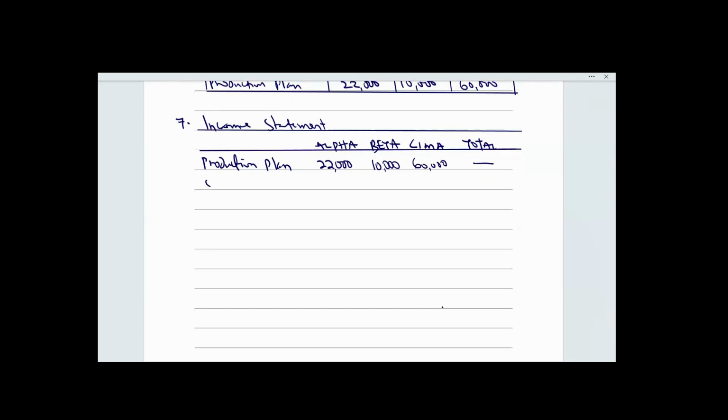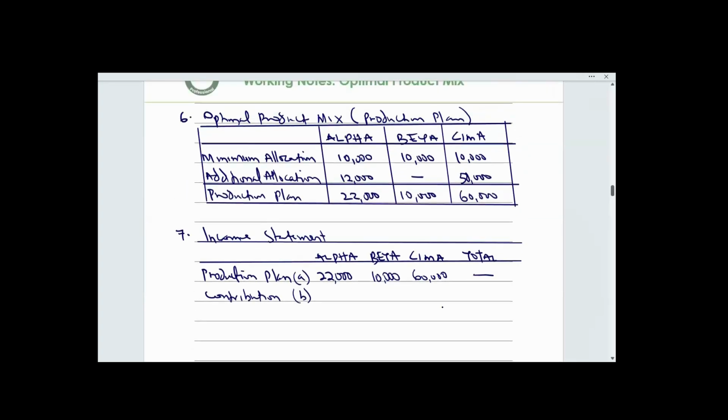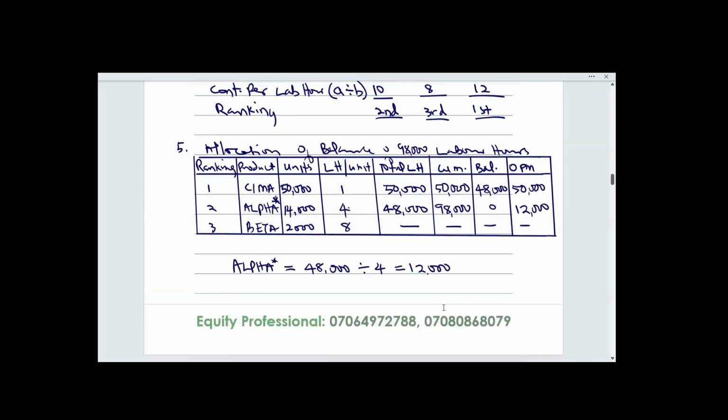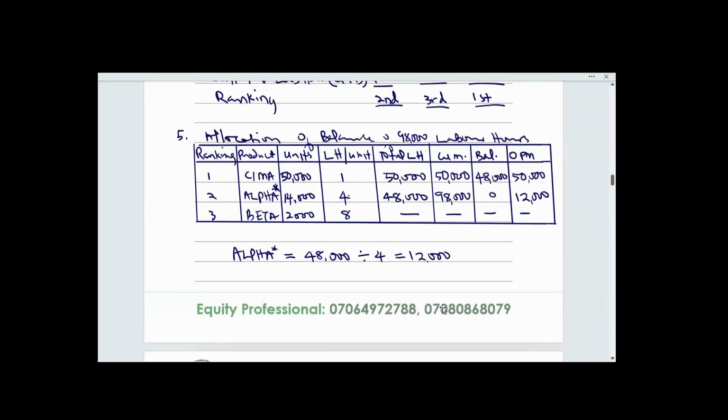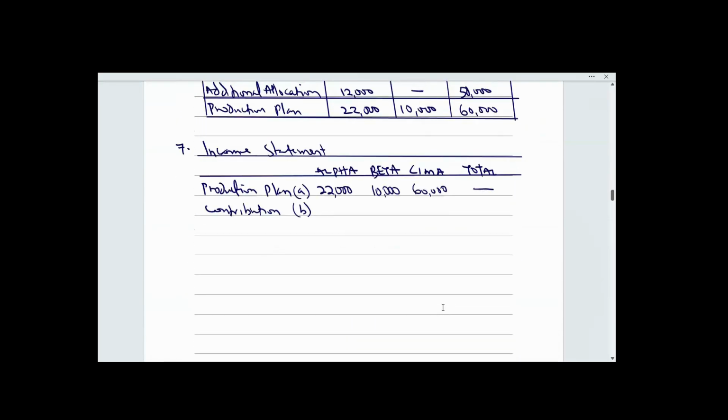Then we have contribution. In this question, we don't have profit, so you have contribution. So we have calculated contribution per unit for Alpha to be 40, 64 for Beta, then 12 for Sigma. 40, 64 naira, 12 naira.